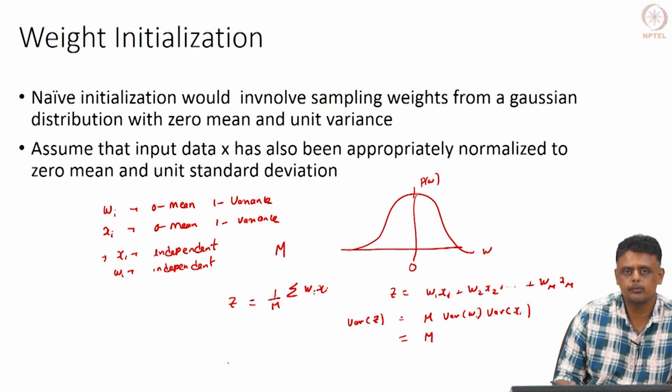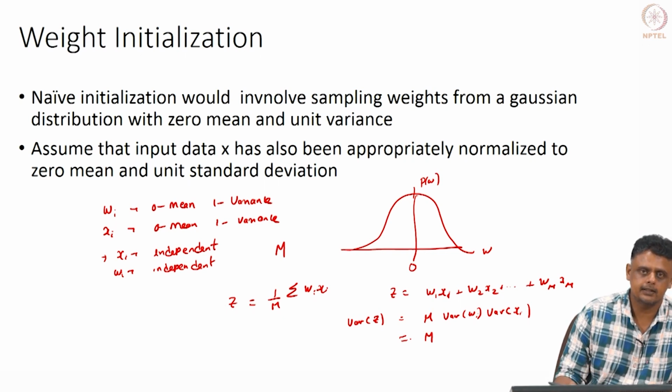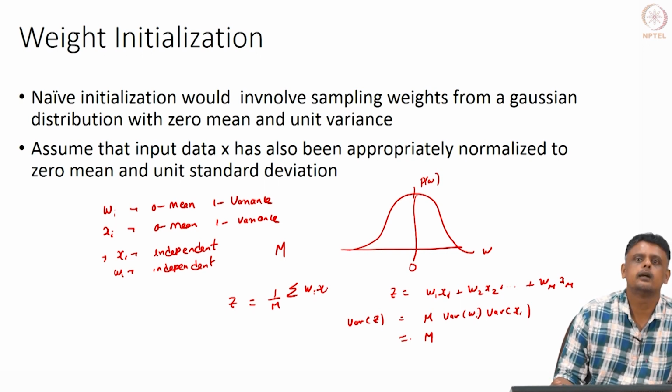We saw that for large values of z, which is possible because the variance of z is m times something, so it can take very large values, the sigmoid would saturate. So, during back propagation the derivative would be 0, which means that the weights will not get updated. So, you are stuck.